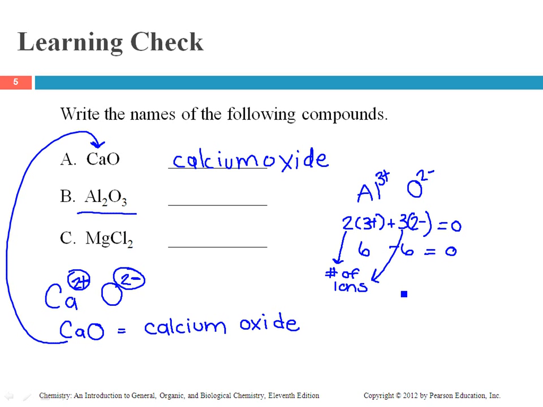So that's where we got Al2O3. Now we want to name these. We know we have a metal, so it comes first. We have aluminum. We have oxygen again, which we know we drop the ending and add IDE. So we get aluminum oxide.